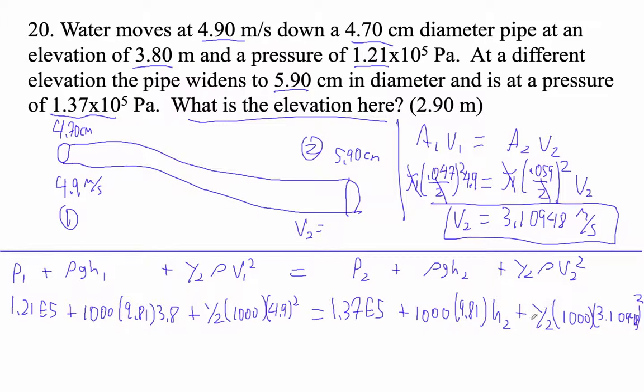If I hit enter, this is what equals this. Okay, so now I'm going to divide by 1,000. Divide by 9.81. I should have the height 2.89999999. So H2 is 2.8. There's a lot of 9s, 3 9s. Suffice it to say 2.90 is good enough, right? Ta-da.